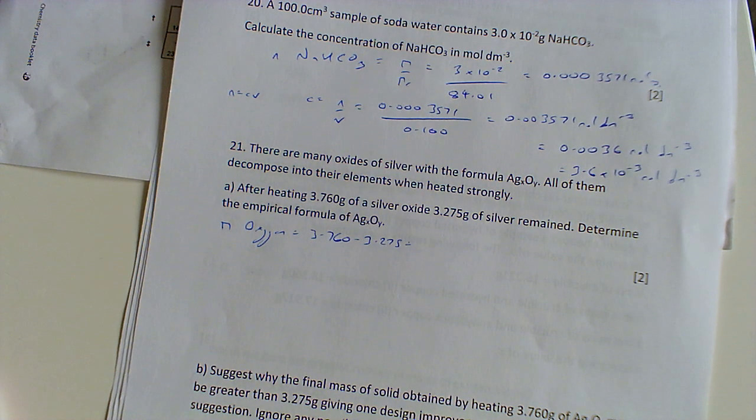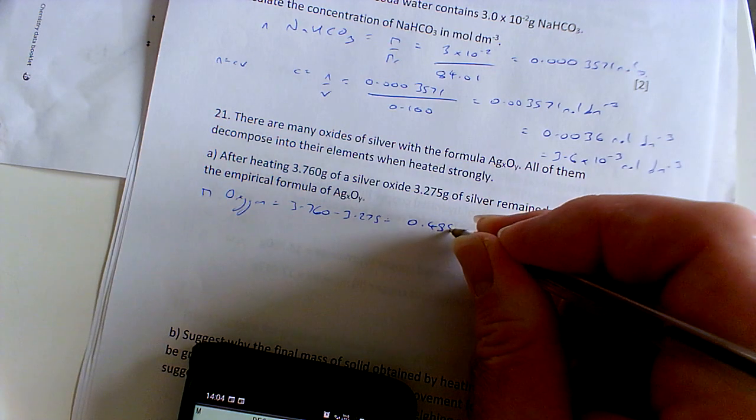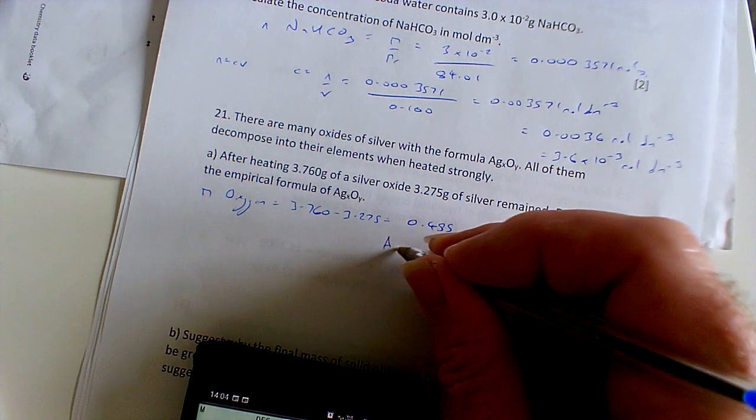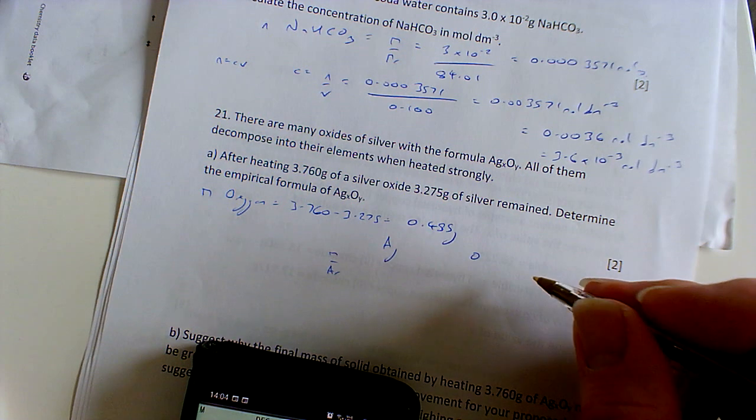So that comes to 3.76 minus 3.275, which is 0.485 grams. And then we can create our 2 columns, one for silver, one for oxygen, and get the m over the Ar, relative atomic mass.